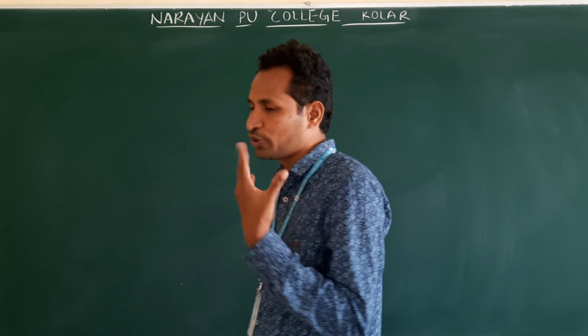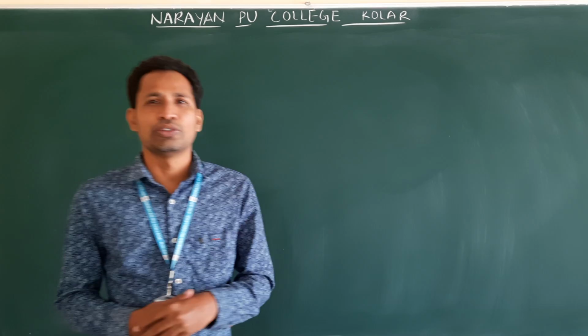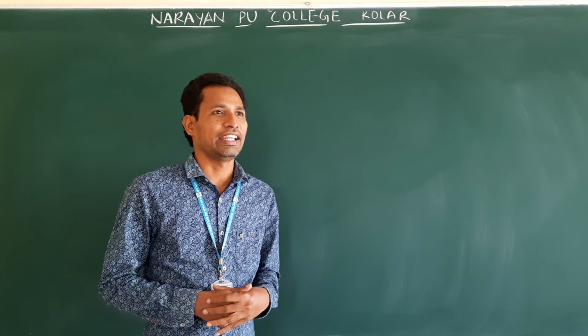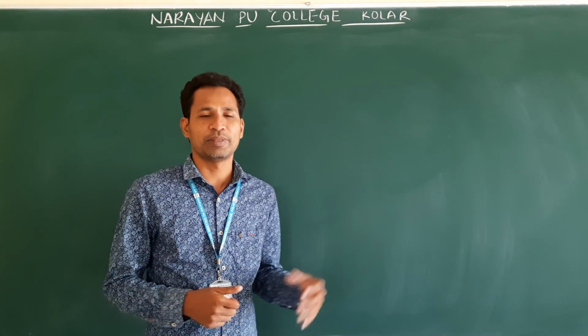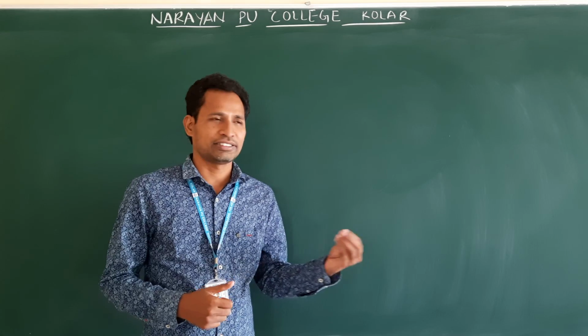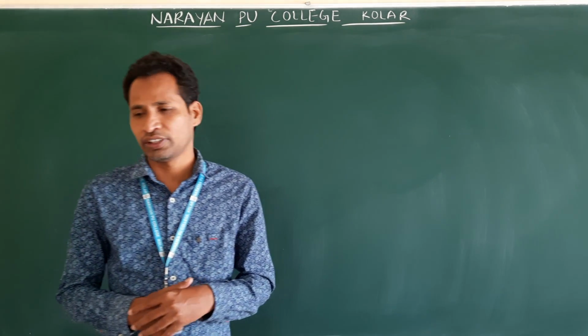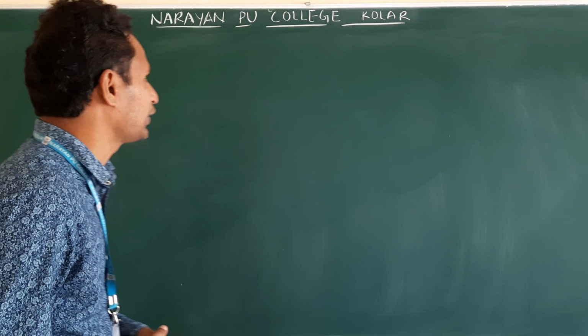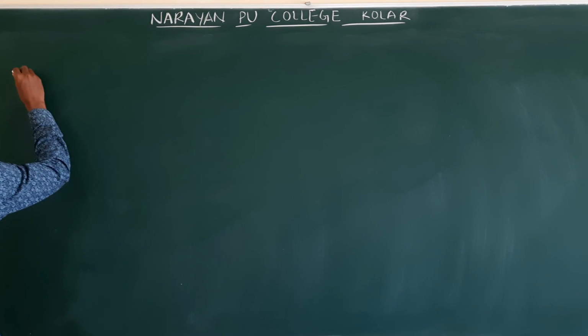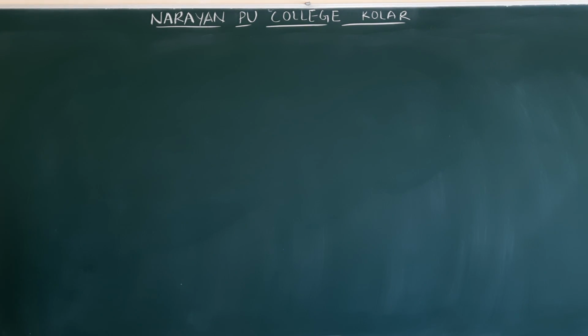Clear? Simply we follow that method. You will come to know in higher classes why they follow this method. Till then you just follow this method. Addition and subtraction of vectors by graphical method. Today's discussion, this is the fourth discussion.